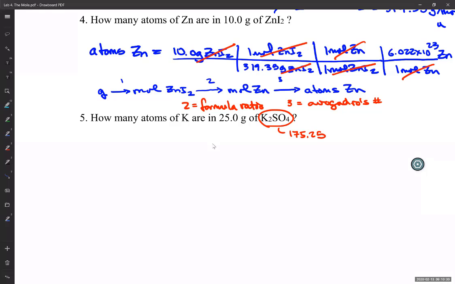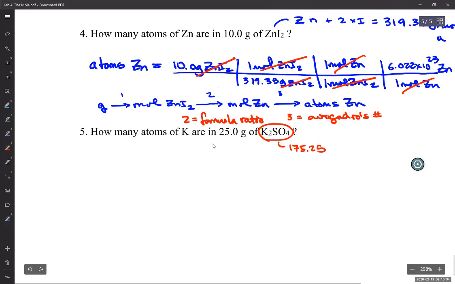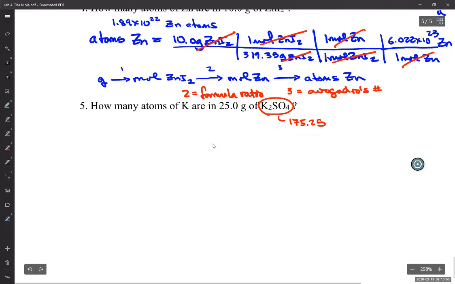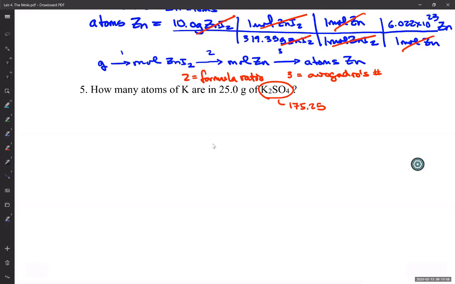Let me set this one up. What did you get for number 4? 10 to the how many? 20, yeah. Okay. So we're going to do the same thing for potassium in the next one.